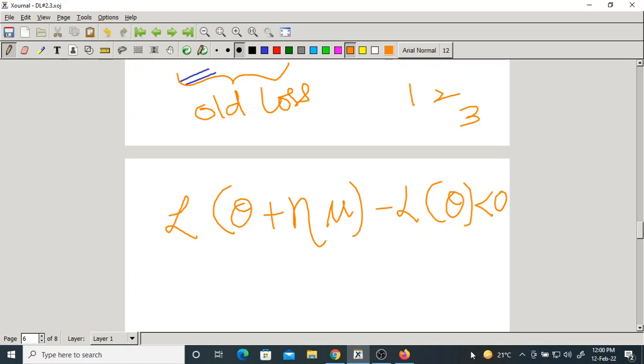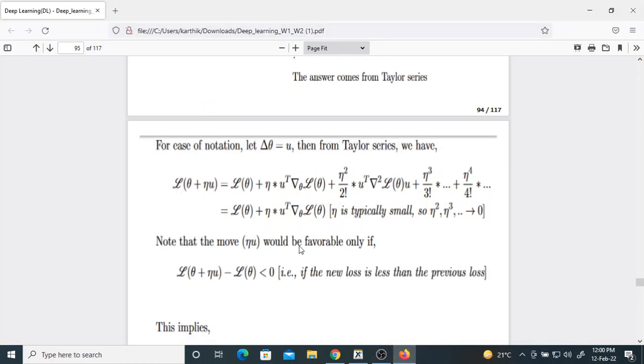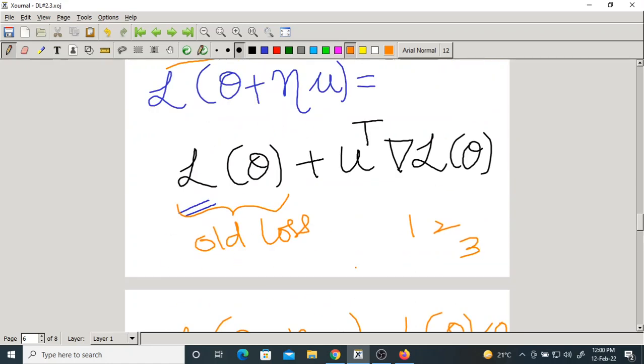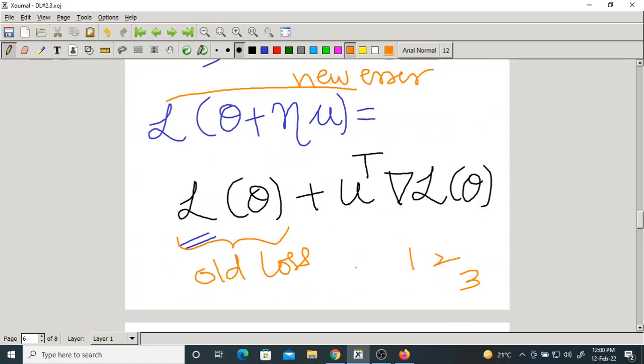Is it okay? Do you agree with me? If the new loss is less than the previous loss, this is what we want. But from this equation, if you take this side, you are left with this quantity.